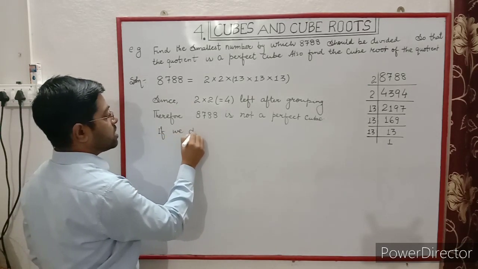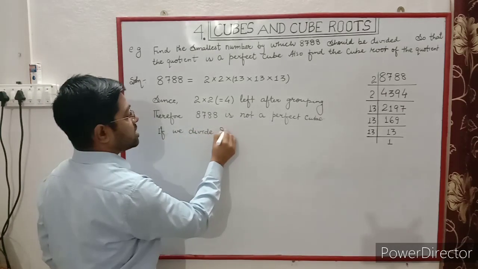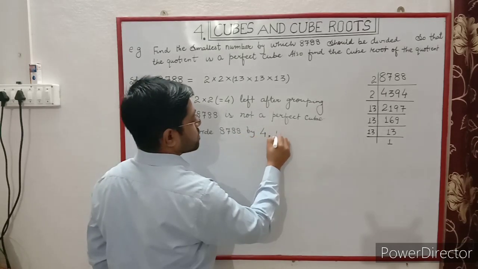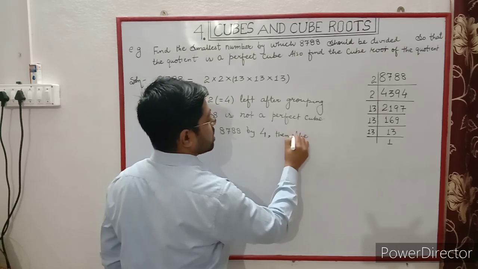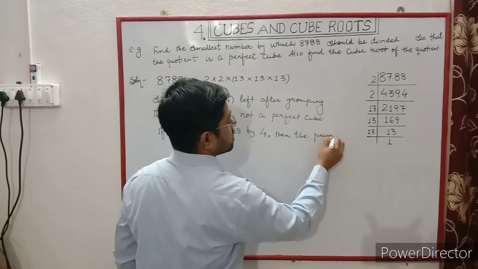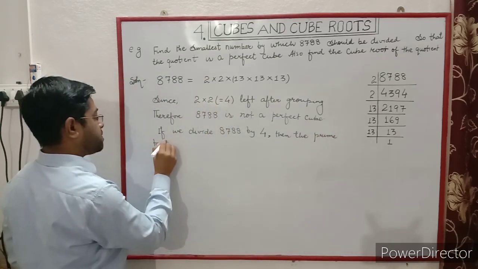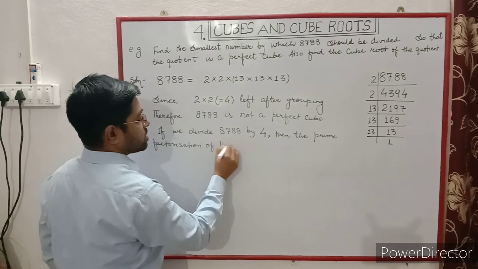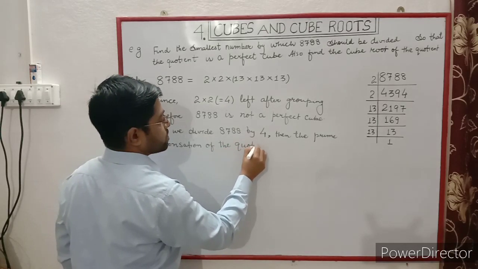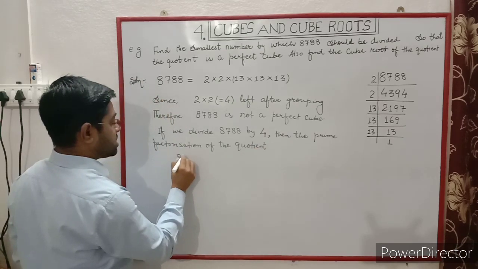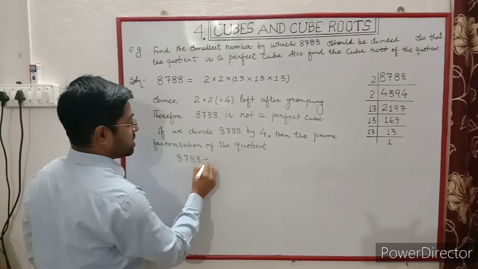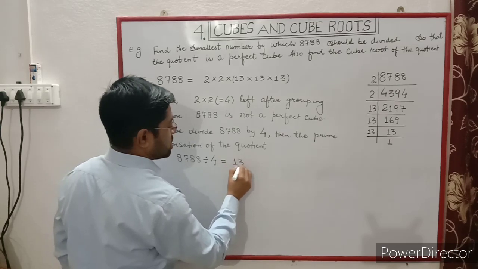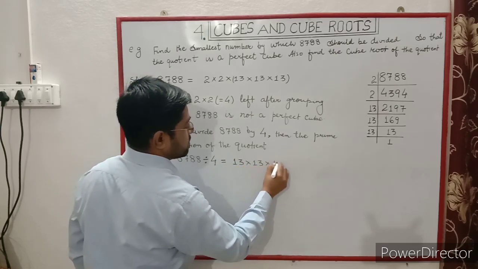If we divide 8788 by 4, then the prime factorization of the quotient is, 8788 divided by 4 is equal to 13 into 13 into 13.